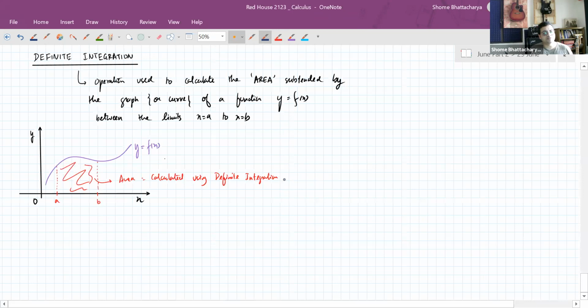So the symbol of definite integration will be like this. Integration of f(x), but with two other terms written below and above. And these are called the limits.